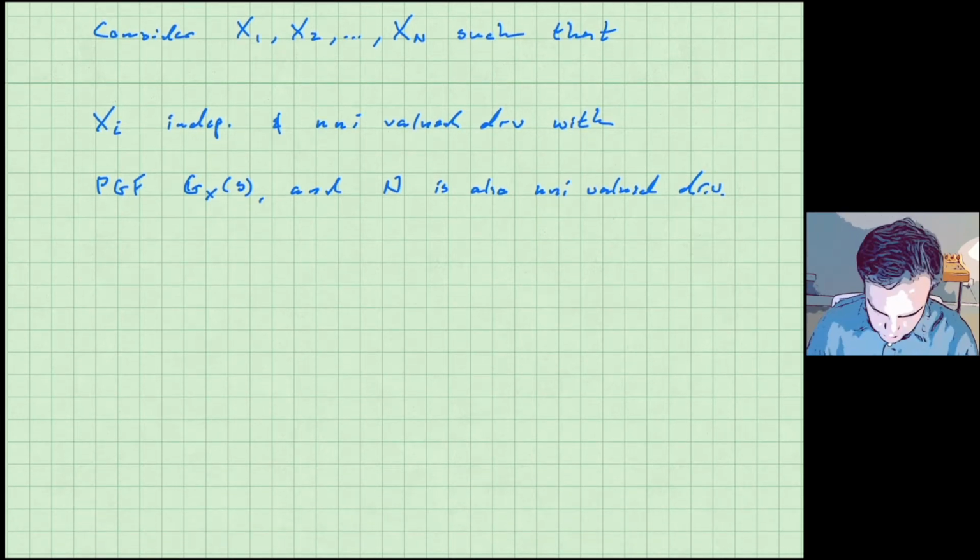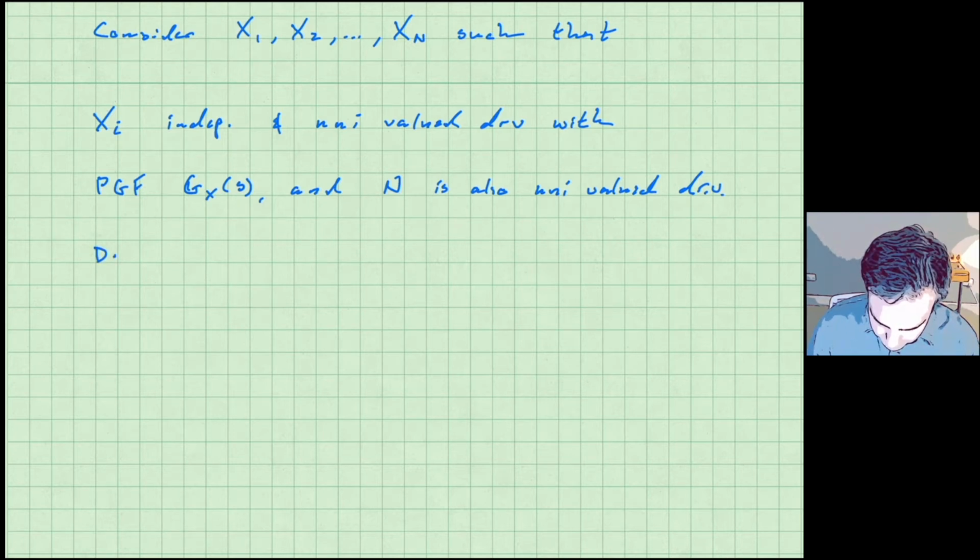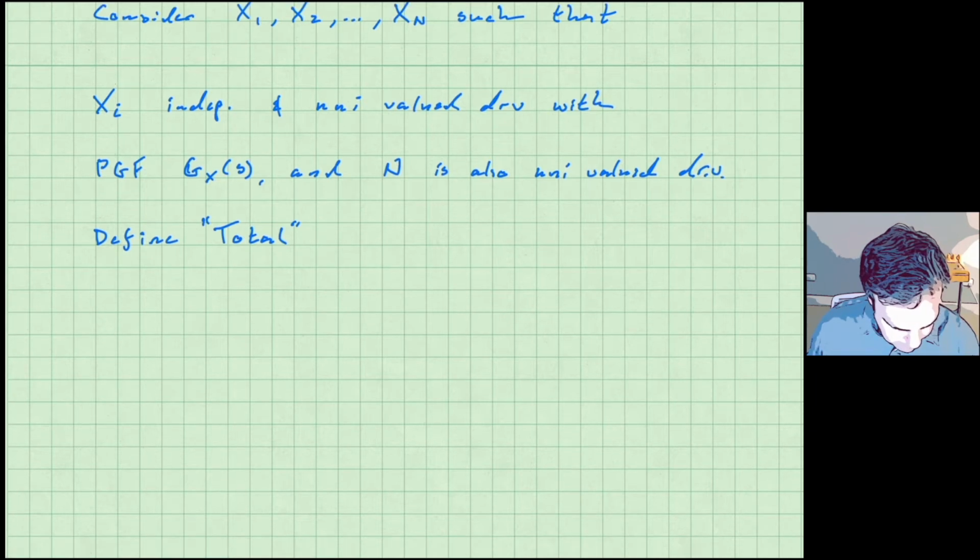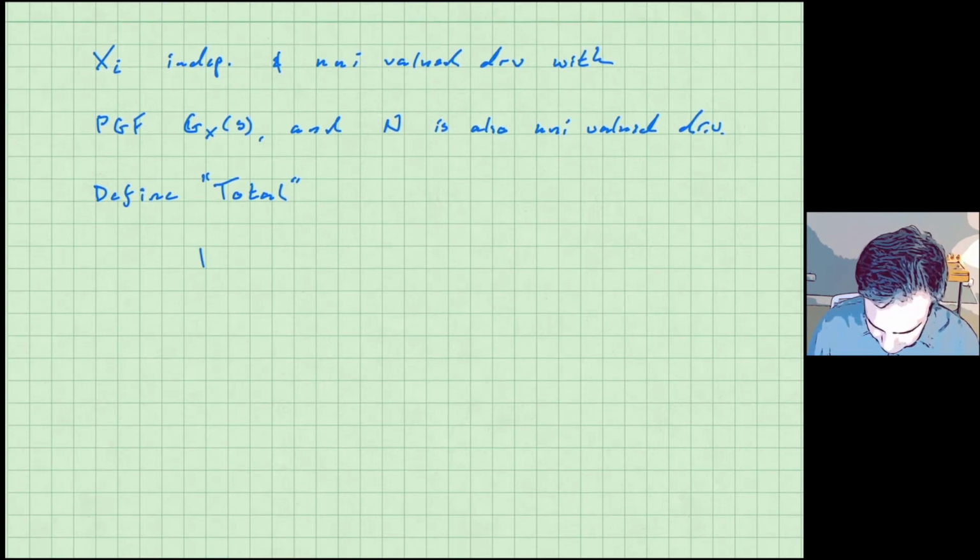This is the setup, and now I want to define something we just call the total. So define the total to be the following. This is expressed slightly differently than what you'll see in your notes. We'll say T, the total, is the sum from i equals 0 up to capital N of X sub i.